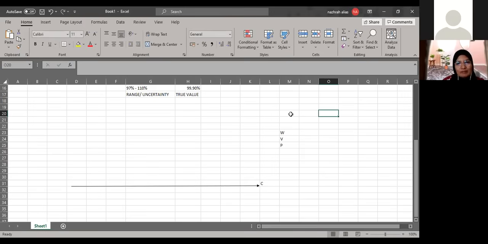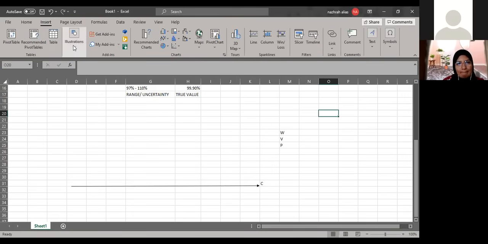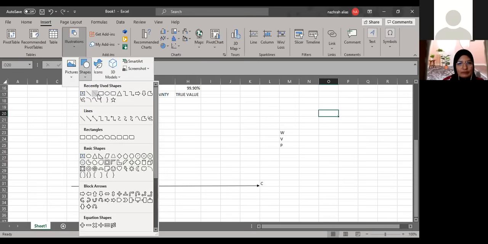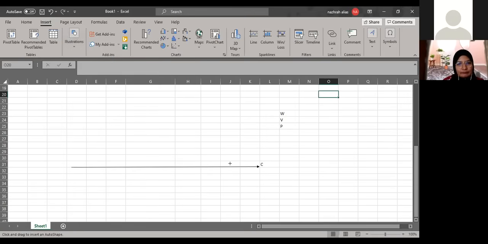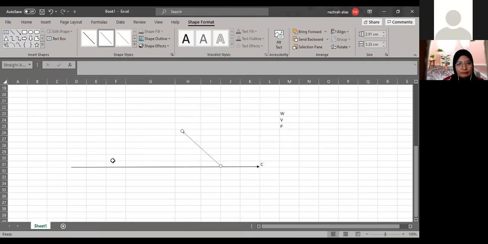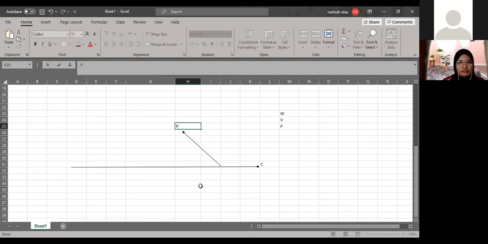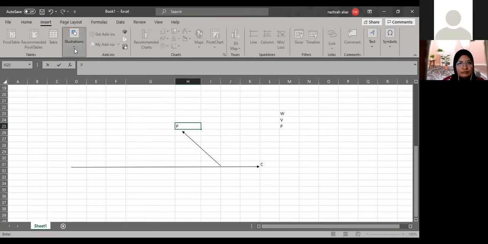And then first we have purity. Here we have P. We are making the fishbone now. This is our fishbone.